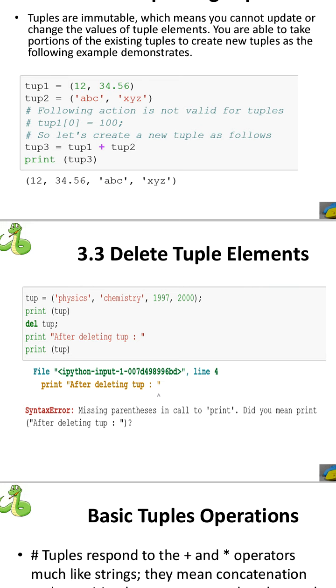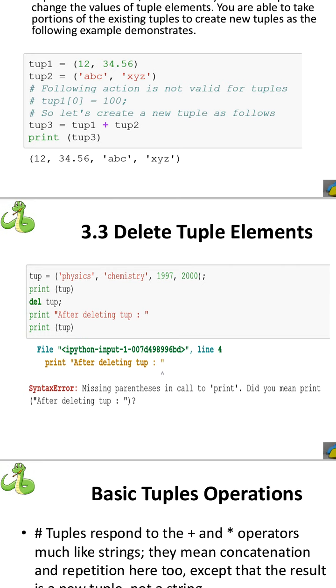Similarly, with respect to tuples, when we perform the plus operation on two tuples, the resultant appended values from tuple 2 to tuple 1 will be stored in the newly created tuple 3, and tuple 1 and tuple 2 are unmodified or unchanged.